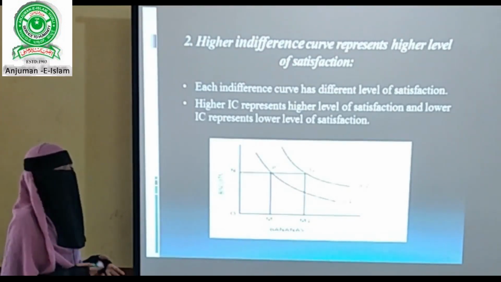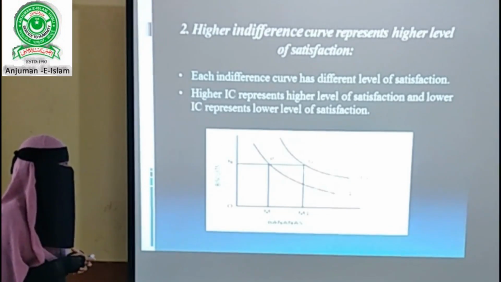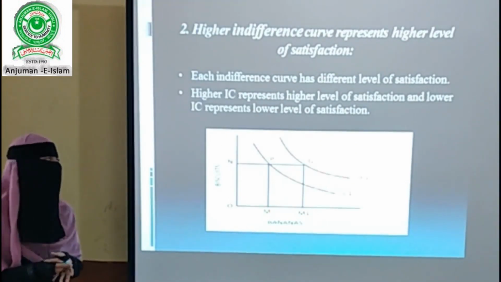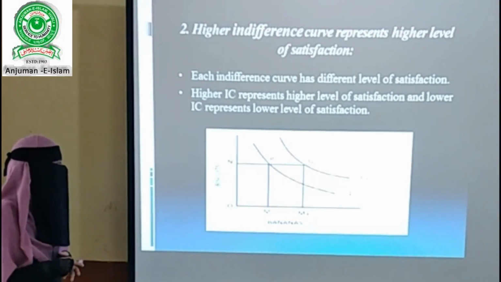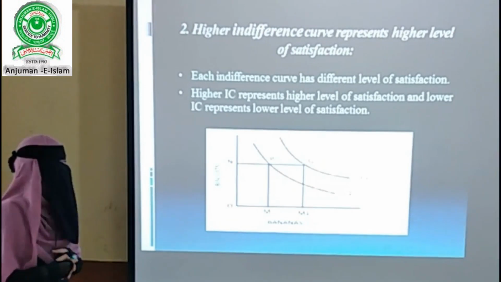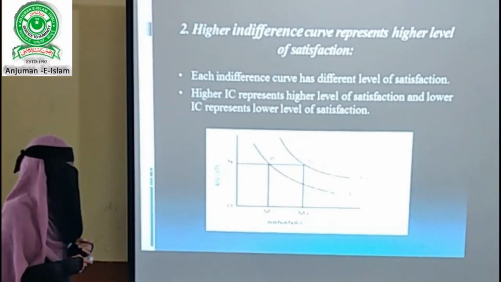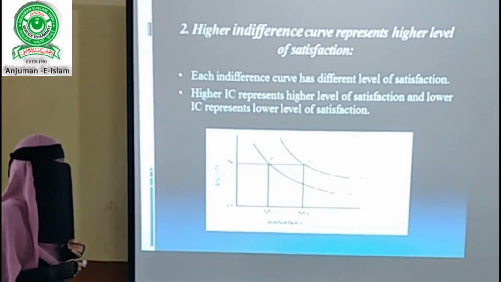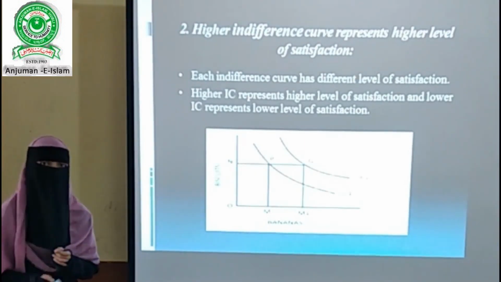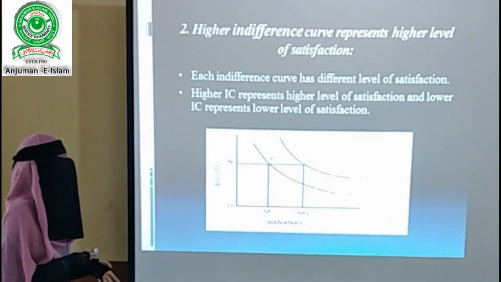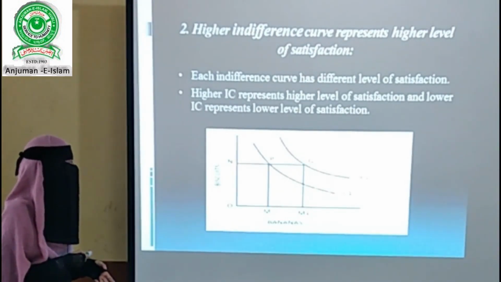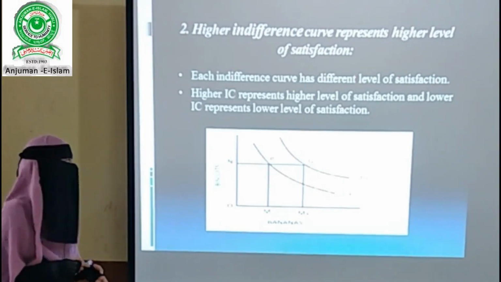So take the same thing: two indifference curves, IC1 and IC2. The IC1 curve represents OM units of bananas and ON units of biscuits. This is the area showing how much of the commodities the consumer gets if he is on the IC1 curve. Suppose the consumer moves from IC1 to IC2, he will get ON units of biscuits and OM1 units of bananas.